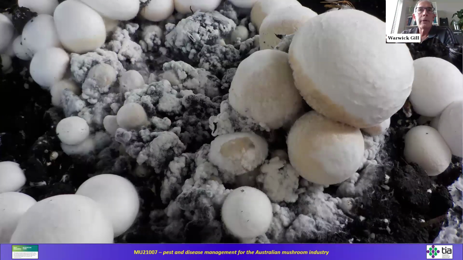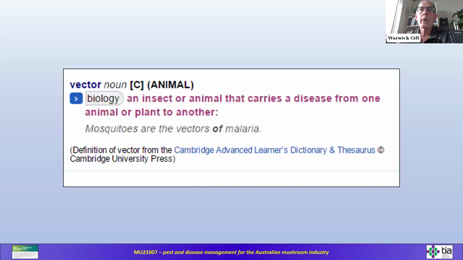So if left alone, they're not really an issue, but if they are disturbed by something, then they can spread around the farm and cause issues. The things that spread the diseases we refer to as vectors, and that's officially an insect or animal that carries a disease from one animal or plant to another, such as mosquitoes in the human context.